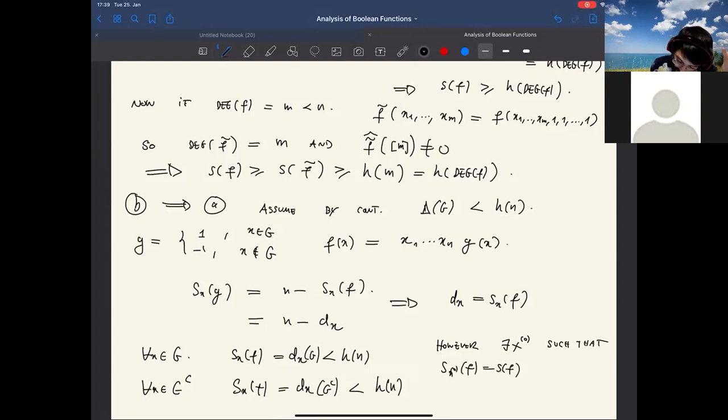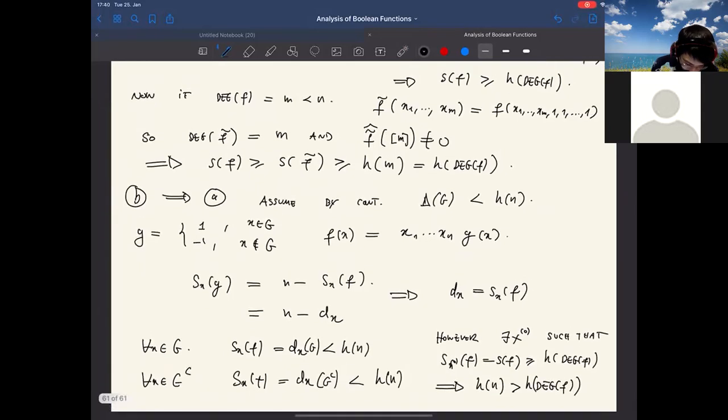And now we are assuming B, sensitivity is greater or equal than h of the degree of f. And so you are concluding that h of n is greater than h of the degree of f.